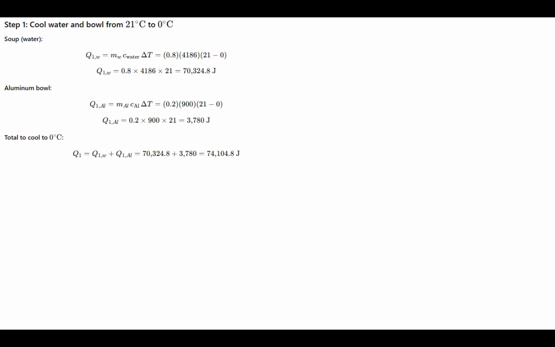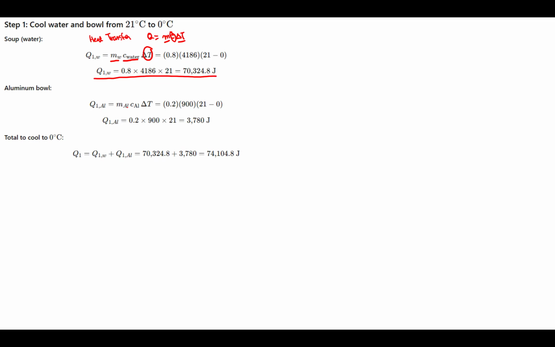So let's find out what happens if we cool the water and the bowl from 21 degrees C to 0 degrees C. We note that for heat transfer, Q is given by m c delta T, where m is the mass of the material, c is the specific heat of that material, and delta T is the temperature change. Here delta T is known, and for the water the specific heat and mass are given, so we get this amount of energy.